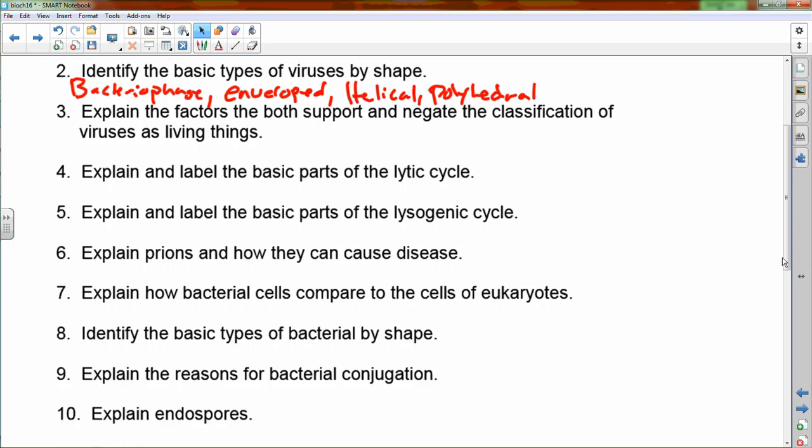And they also can't really do metabolism. And the other main one is they do not have homeostasis. They don't have any way of controlling their internal environment.